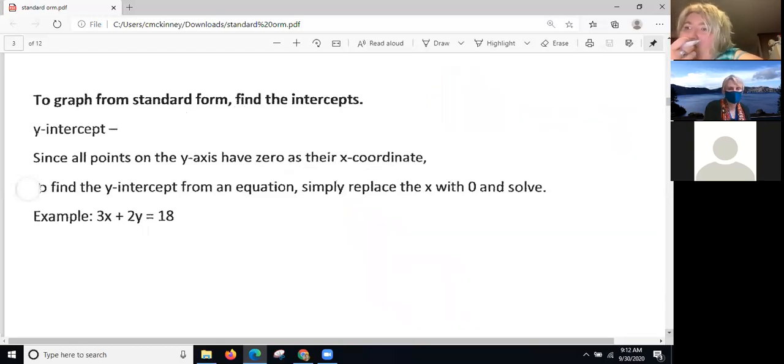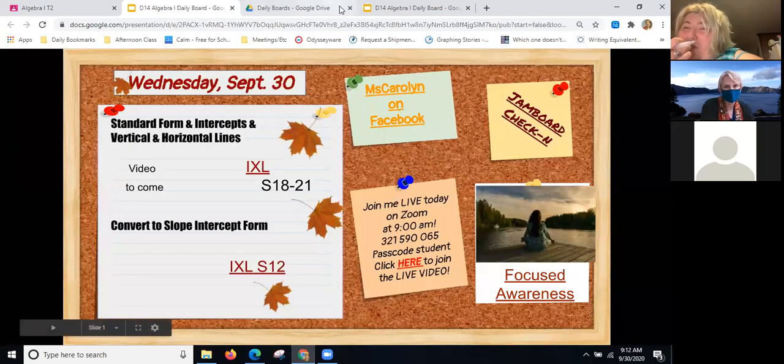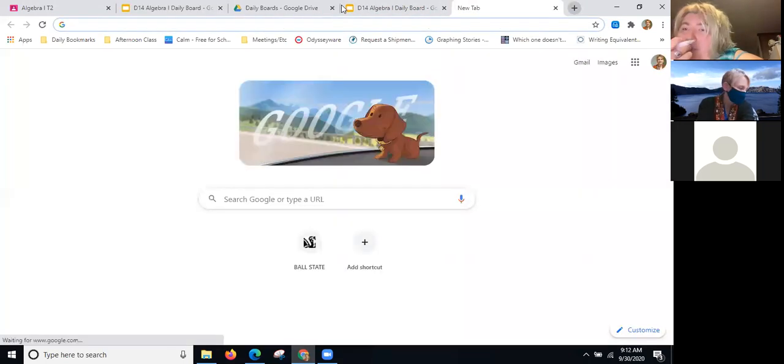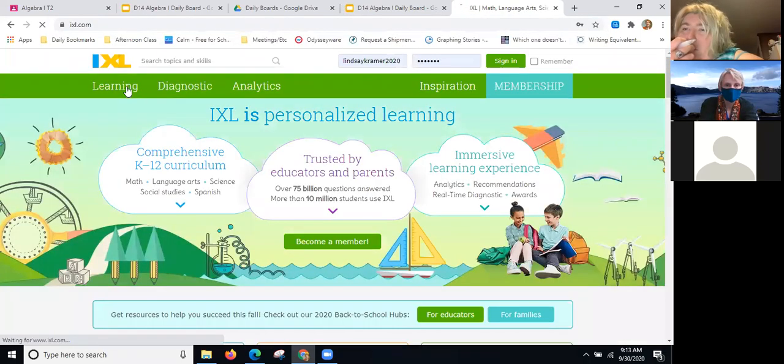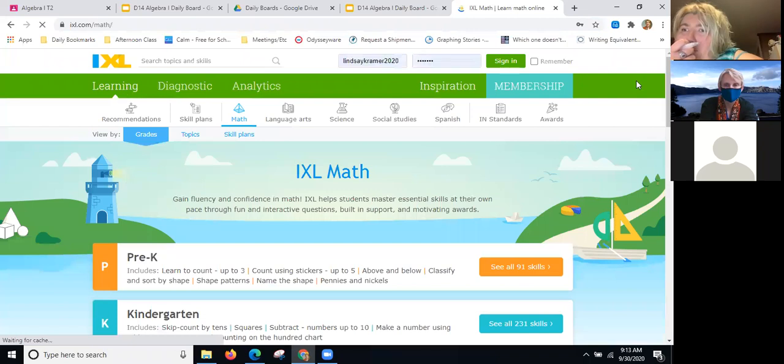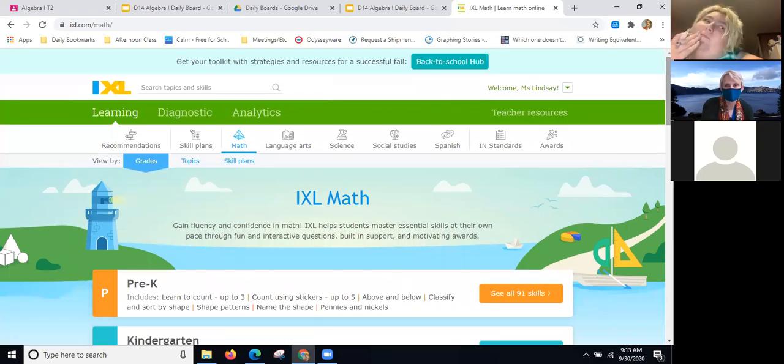So let's see what that's going to look like. First, before we worry about graphing, we will just make sure that I'm in the right spot here. Yep. Learning. So you guys should see that you did have some new IXL lessons pop up.